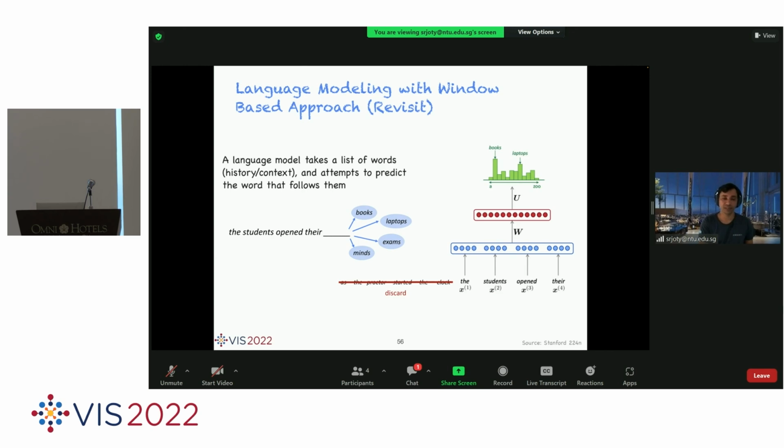So you'll be overfitting. In some sense, this is one of the limitations of feed-forward neural nets, that it does not allow you a flexible or variable length input or context.